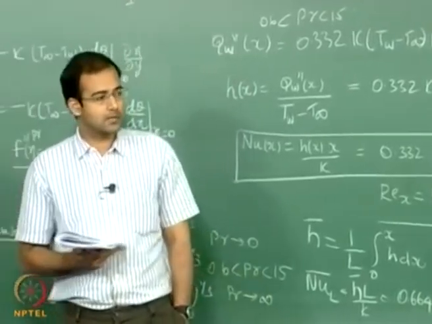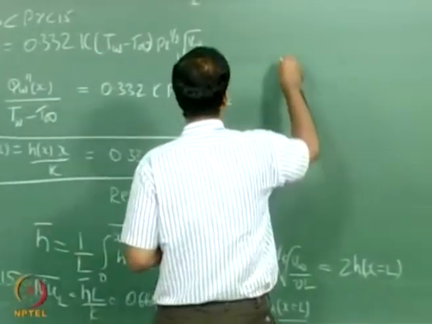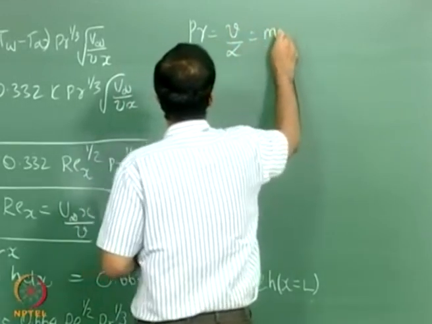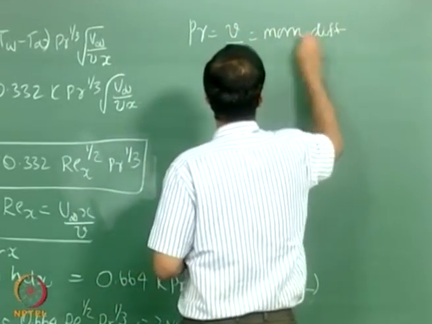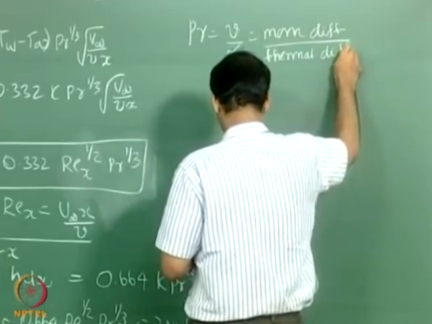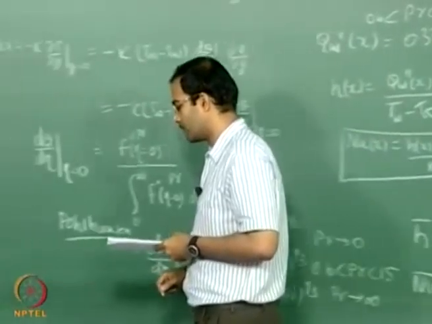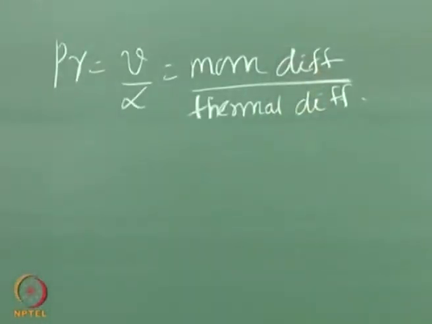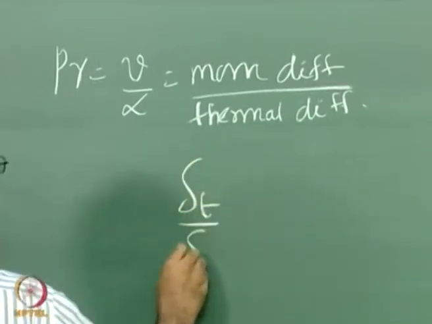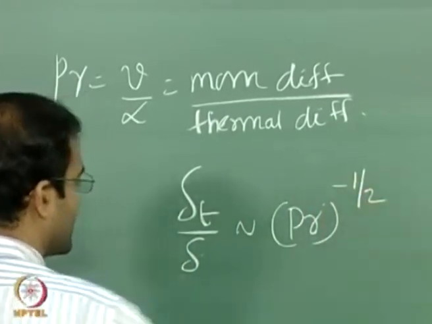All right. So these are some correlations which are familiar to you, so I am not going to spend too much time. In all these cases, you know that the Prandtl number is a very important parameter, which is the ratio of nu by alpha, which gives you the ratio of momentum diffusivity to thermal diffusivity. And you also know from the scaling analysis which we did when we derived the boundary layer equations, the relationship between Prandtl number and delta: we showed that delta t by delta is approximately Prandtl number to the power -1/2 for one case.